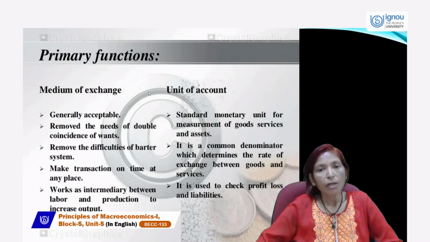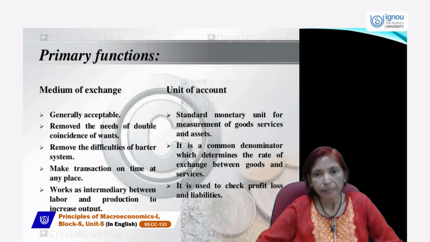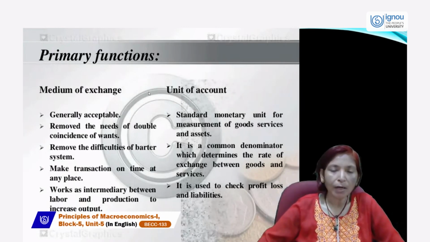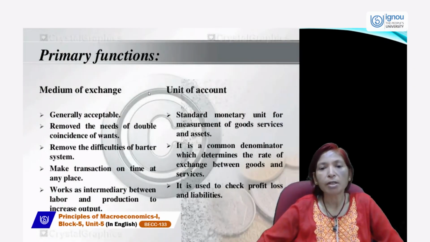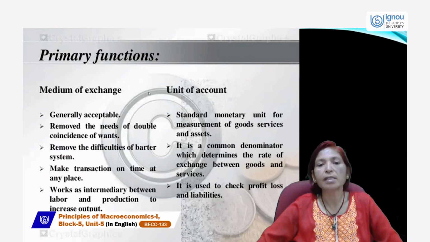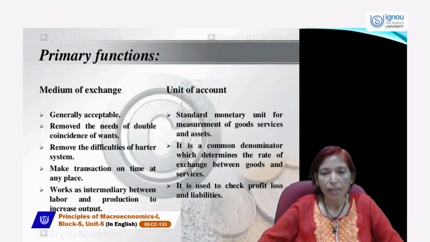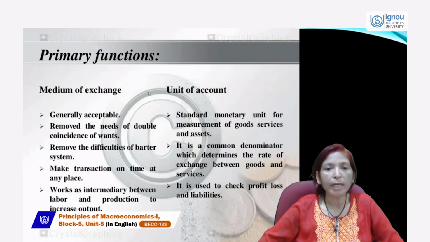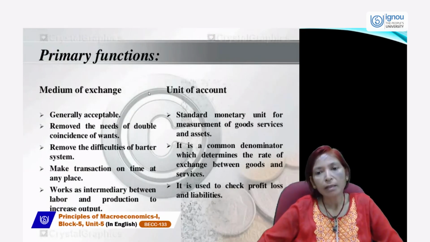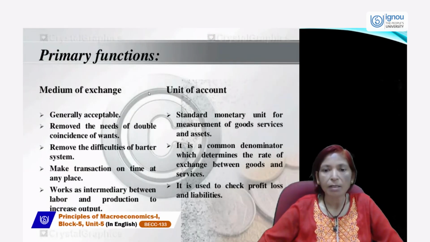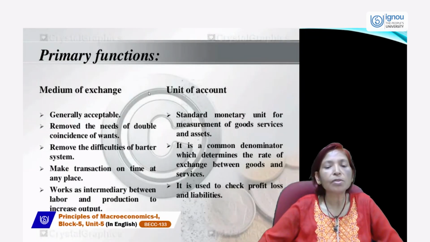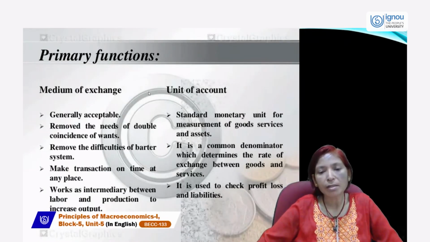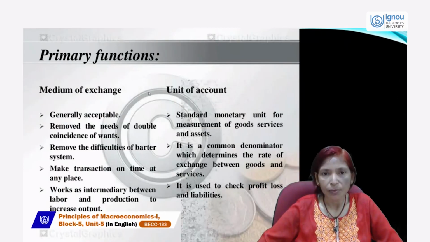Next is unit of account. A unit of account is a standard monetary unit for the measurement of goods, services and assets. It is a common denominator which determines the rate of exchange between goods and services, and it is used to check profit and loss and liabilities also.